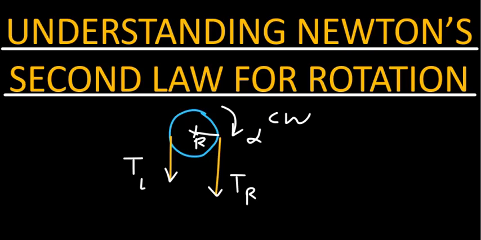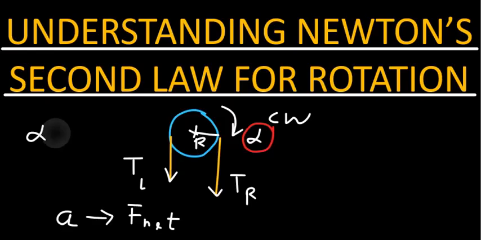This pulley is spinning with an angular acceleration. The question is, what is causing that angular acceleration? In the linear case, acceleration is caused by net force, as we have just seen a few minutes ago. So in this case, the angular acceleration is caused by a net torque.